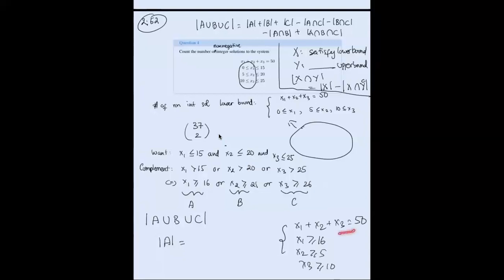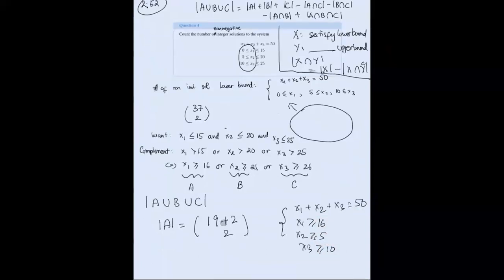And if I solve for it like I did in question 2, I believe, then I would get 19 plus 2, choose 2. Because you first distribute 16, 5, and 10 balls into each bin, and you would be left with 50 minus 16 minus 5 minus 10, which is 19 balls to distribute.